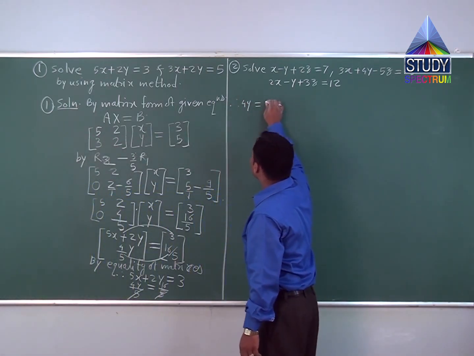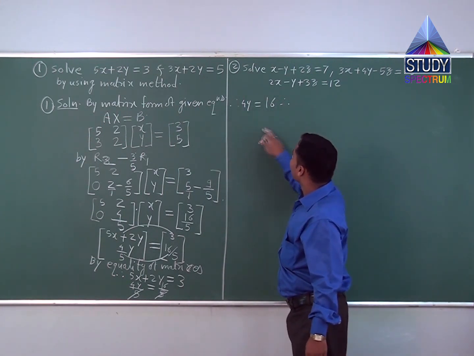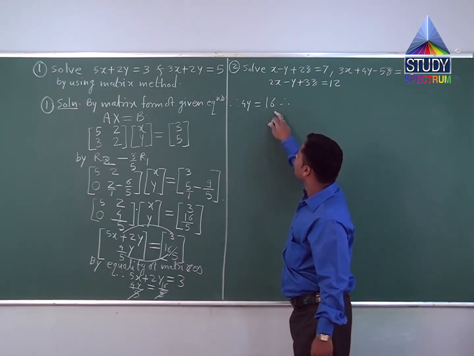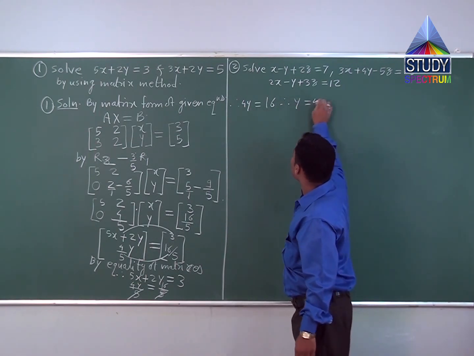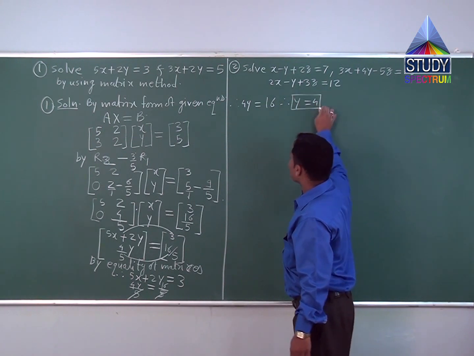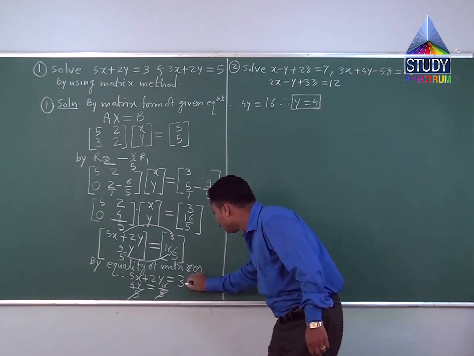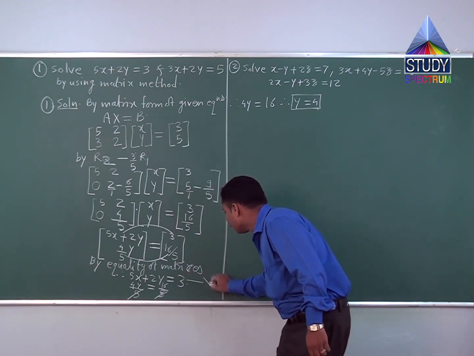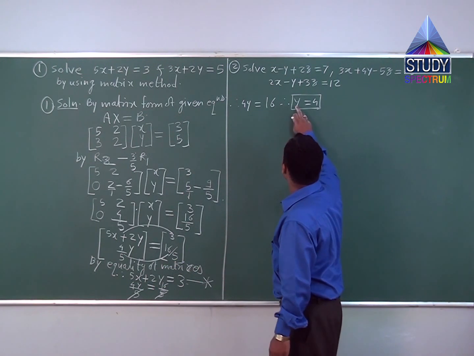Therefore, with 4 in the denominator, y equal to 16 upon 4. Therefore y equal to 4. We put this y equal to 4 in this equation, and we get the value of x. So y equal to 4.